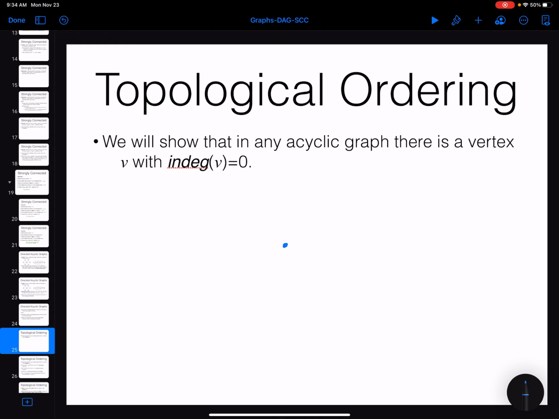Just assume that you have a directed graph which is acyclic, and you don't have such a node. You don't have any node with in-degree 0. So all the nodes have some edges coming to them. In that case, think about, for example, any node V. For all the nodes you are claiming that there is at least one edge coming to the node, right?